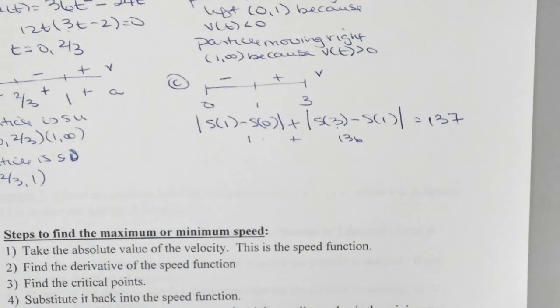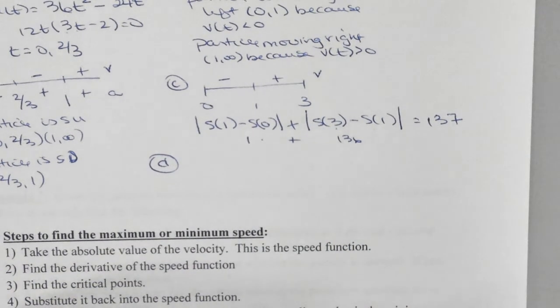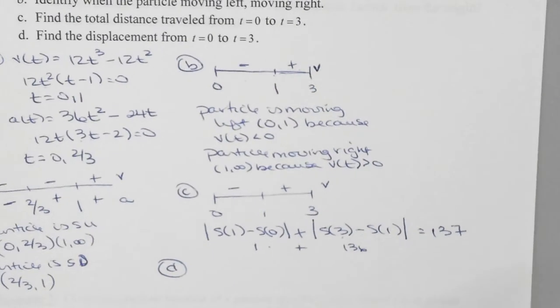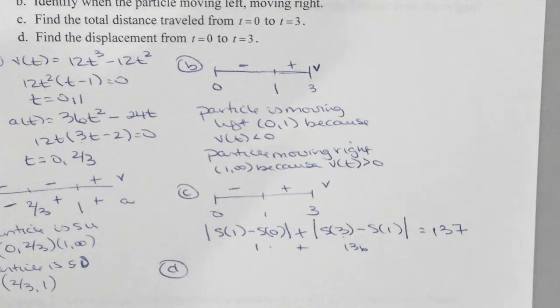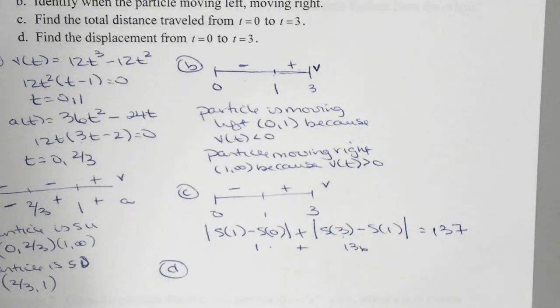Okay, and then the last one, D, displacement. How do I find it? It's more specific. It says, find the displacement from time 0 to time 3. Just use the endpoints. Am I plugging into the position, the velocity, or the acceleration? Position. It's a displacement. Where did it start, meaning the particle or whatever we're talking about, and where did it end?